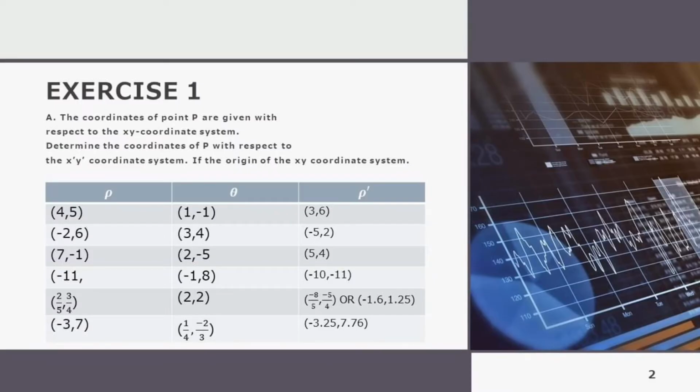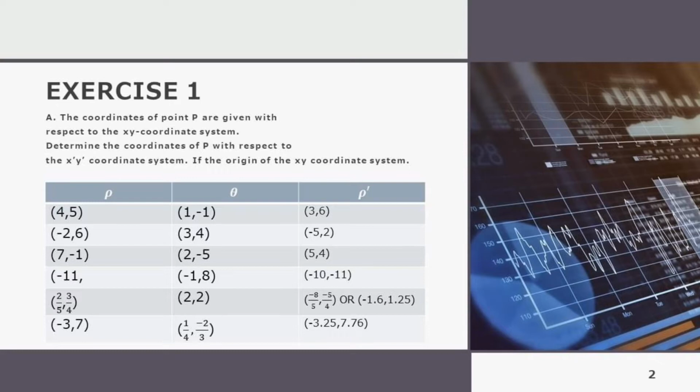So here is the first one. The coordinates of the point P are given with respect to the xy coordinate system, and we determine the coordinates of P with respect to the x prime, y prime coordinate system. Theta is the origin of the x prime y prime coordinate system.